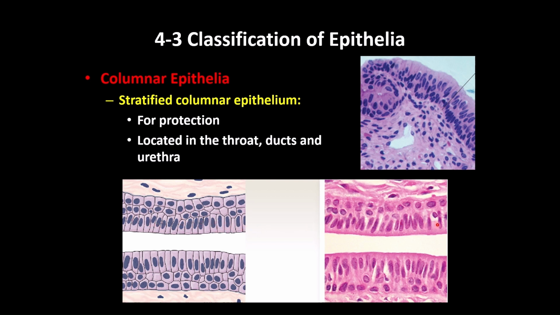So this is the columnar one, this is the columnar one, and this is a very typical layer of cuboidal that you can see deeper. And similar here, you can see columnar here and another columnar layer there. So both of them look like columnar in this tissue.